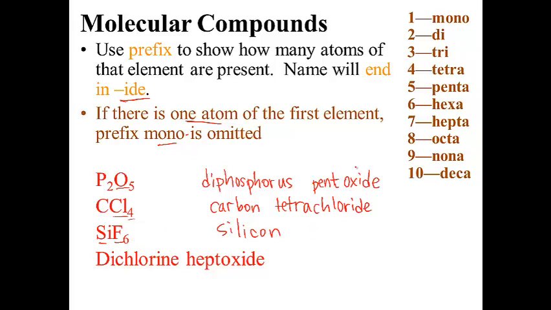The prefix for 6 is hexa. And then we have IDE, fluoride. Next, dichlorine. So this means 2 chlorine, so it's Cl2, heptoxide, so 7 oxygens, like this. So it's a pretty simple system.